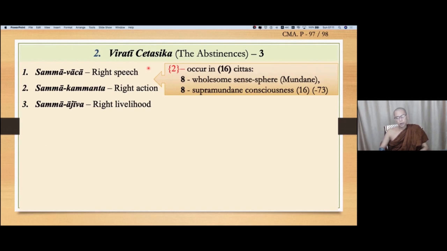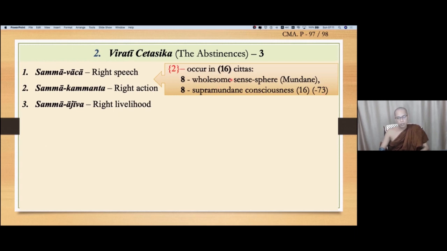We already know they arise with 16 consciousness. So the absent will be 73 consciousness. So the abstinence mental factors cannot arise with 73. So the 73 except 16.